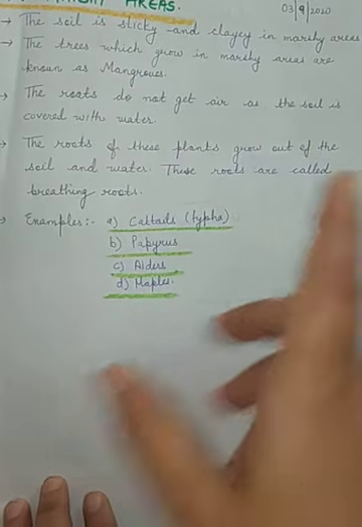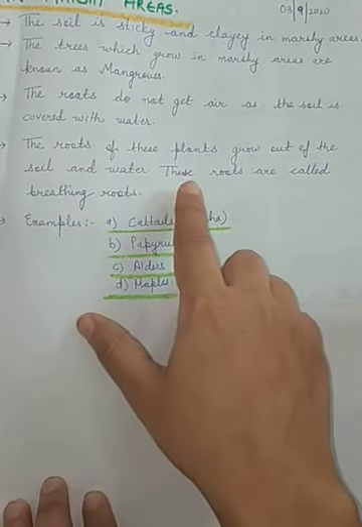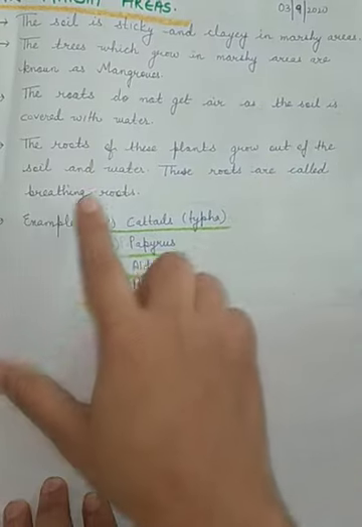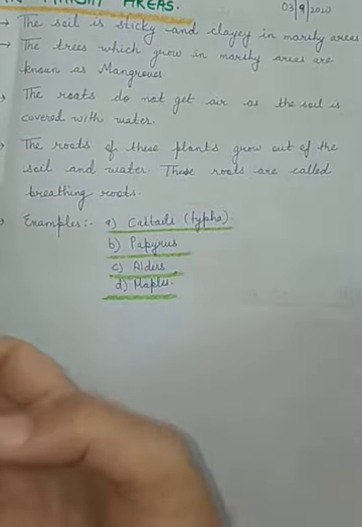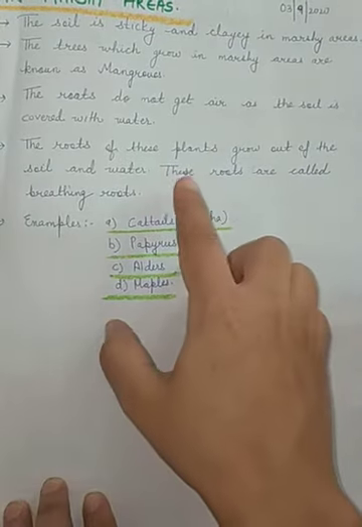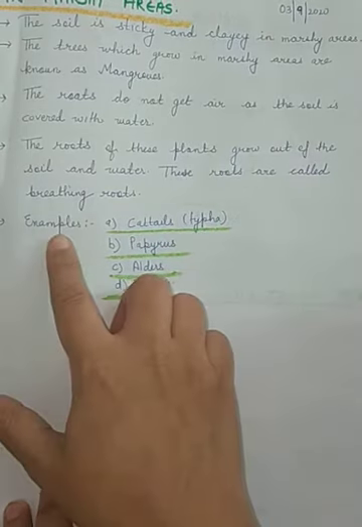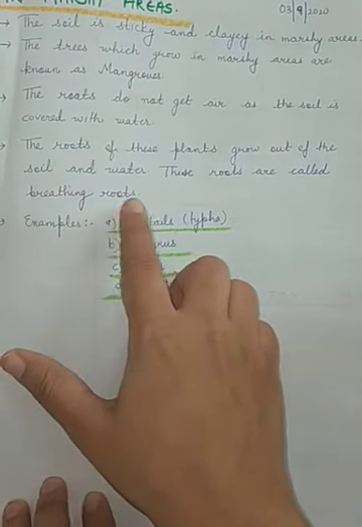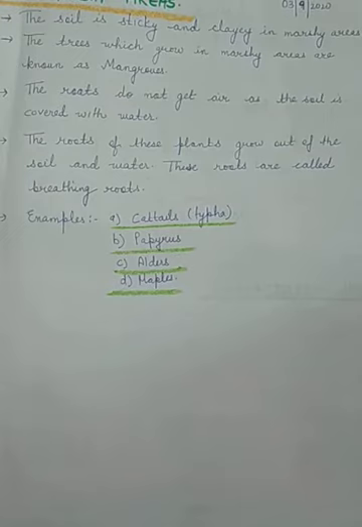So what do they do? The roots of these plants grow out of the soil and water, and these kinds of roots are called breathing roots. Why are they called breathing roots? Because they come out from the soil and water, and they breathe from the air.